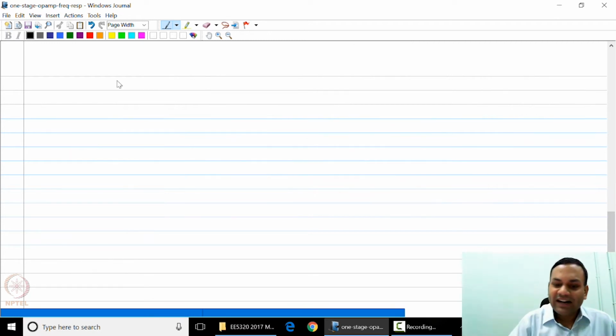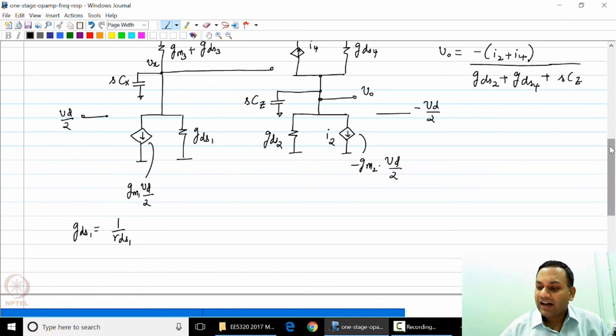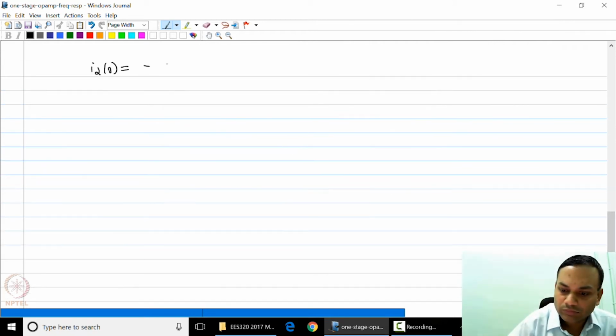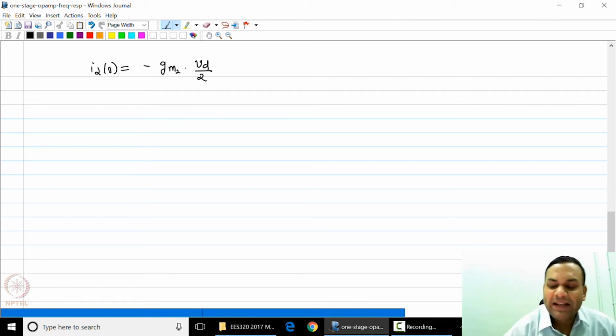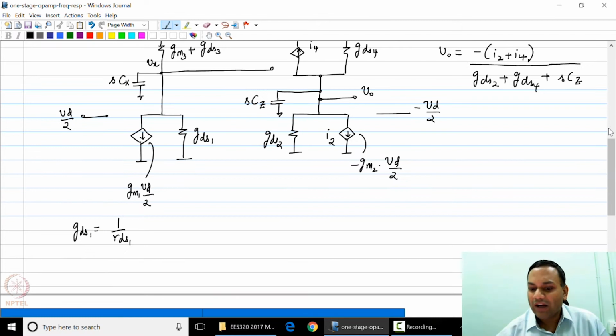So let us now write the expression for I2 of s. I2 of s is clearly minus gm2 times Vd by 2. And please remember that gm1 is equal to gm2, gds1 is equal to gds2, gm3 is equal to gm4, and gds3 is equal to gds4.